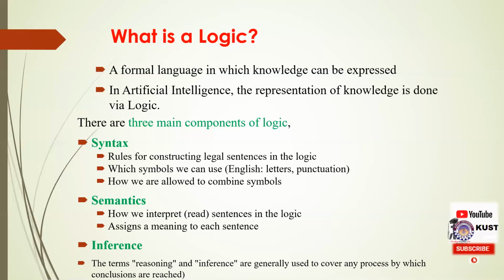This is actually a process by which conclusions are derived. So through inferencing mechanism, an agent will be able to derive some conclusions. So this must be a part of logic.